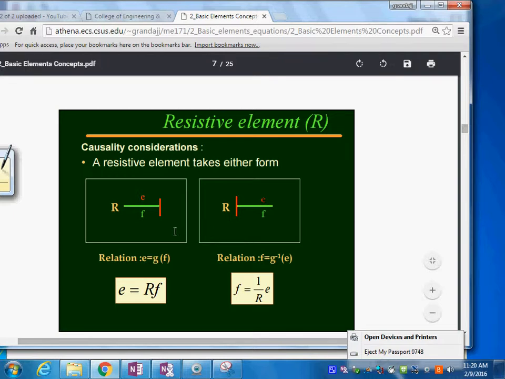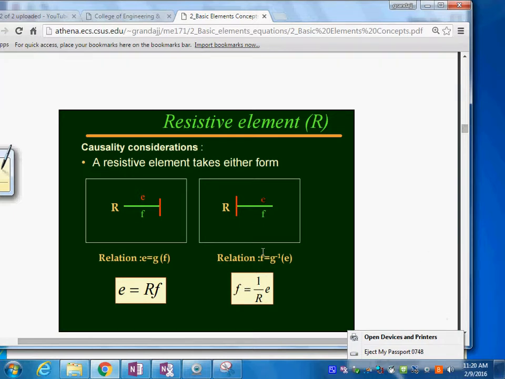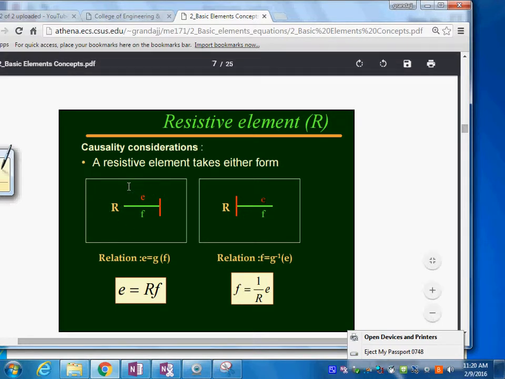Okay? This kind of relationship can be plotted into a block diagram. This is what I was saying: I think we need to represent it in the block diagram way, the bond graph way, and the graphical way. So if you have the equation like you're seeing here, E times 1 over R is equal to F, you will have this way.